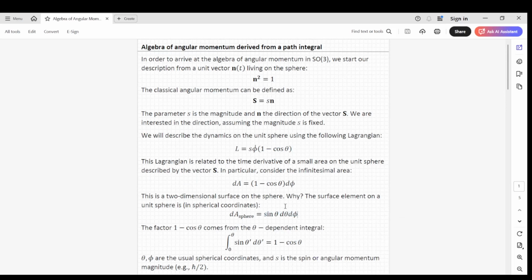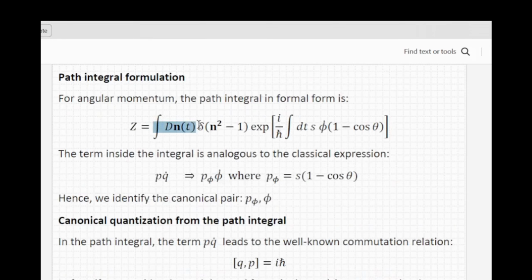So that's the intuition. And we define the path integral like this. We have the Lagrangian multiplied by i over h bar, and of course you have to integrate over dt, and you put that inside the exponential in the path integral. And then we also want to impose the fact that the vector n is unitary.